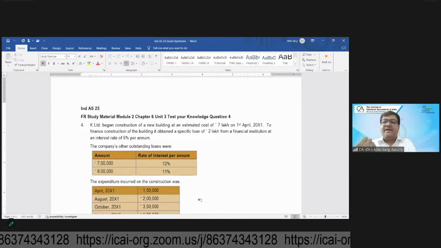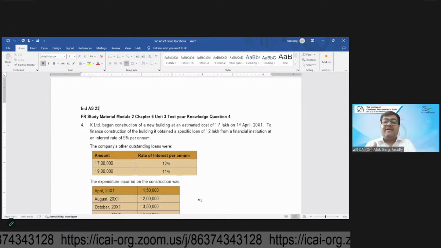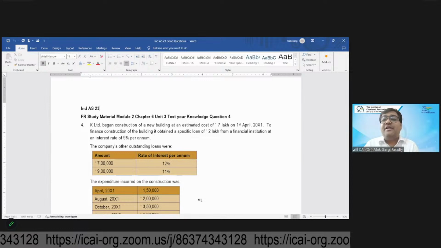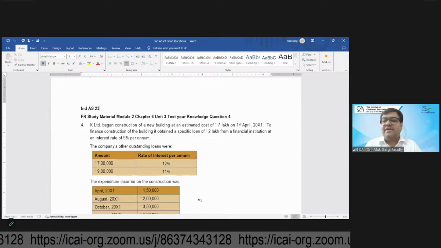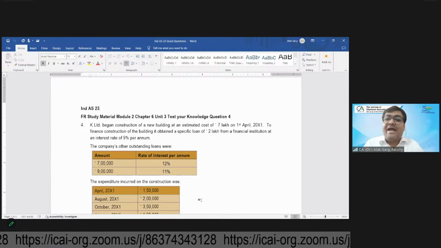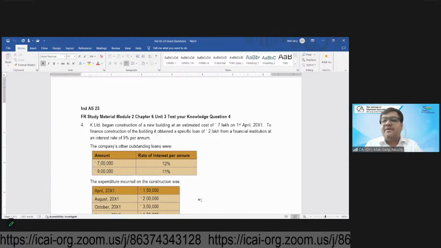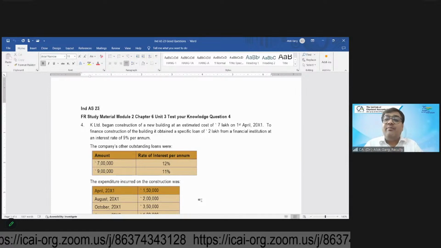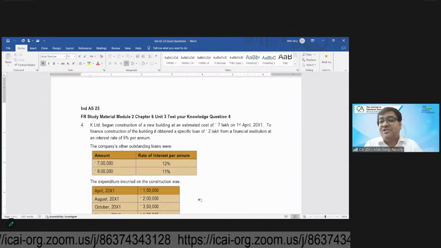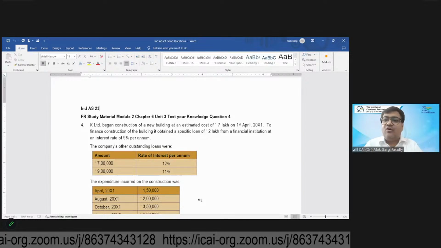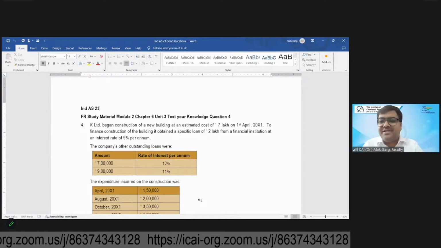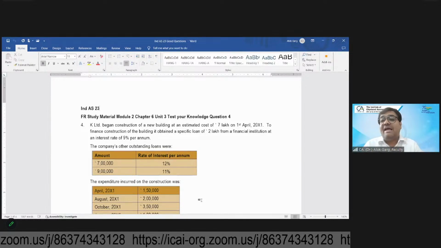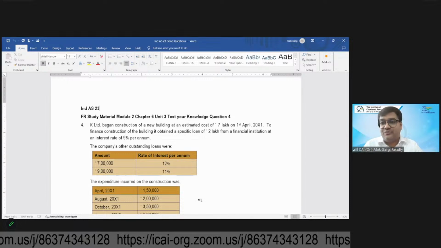And one aspect in borrowing cost was also given: if you are taking a borrowing in foreign exchange, of course you would have an interest obligation, and you may also enter into an exchange loss situation. When the dollar is appreciating and the rupee is depreciating, you will probably have an exchange differential loss also.